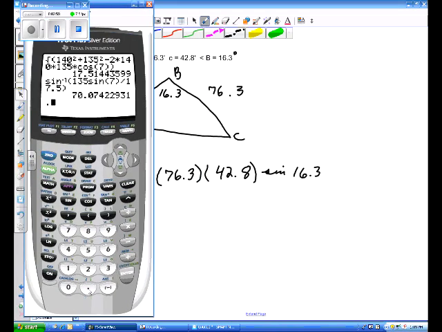So 1/2 times the product of the two sides times the sine of the included angle.